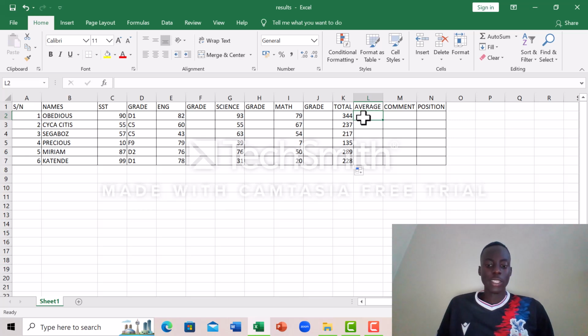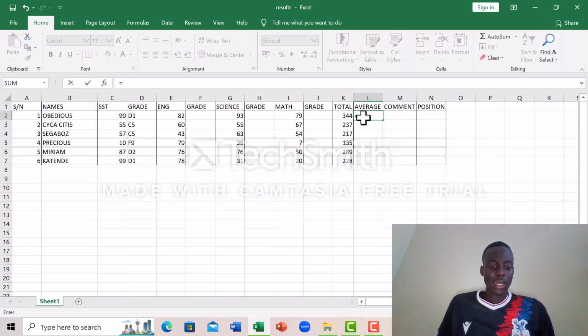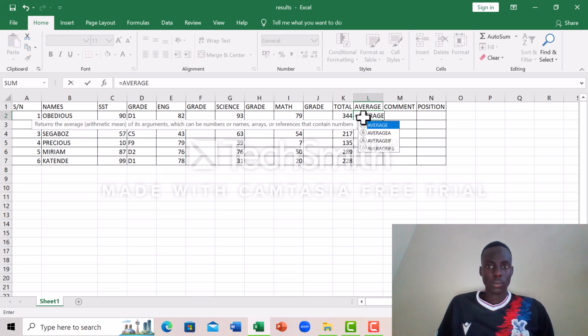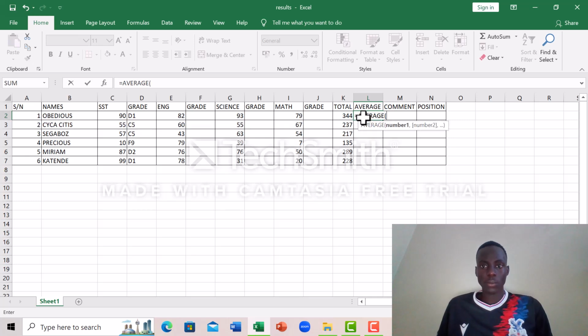Average is got by starting with our equal sign. We can say average, open your brackets. When you open your brackets, we shall find the average of what we want, which is C2 up to I2.